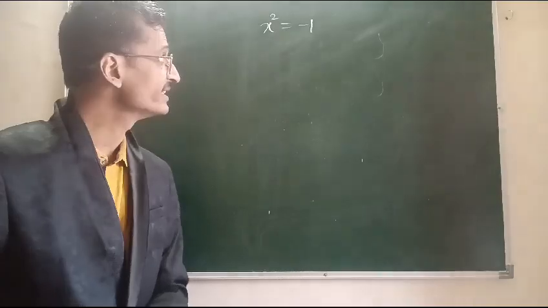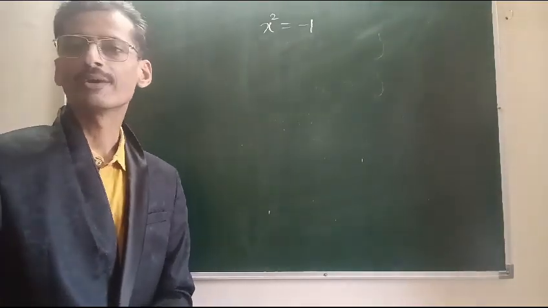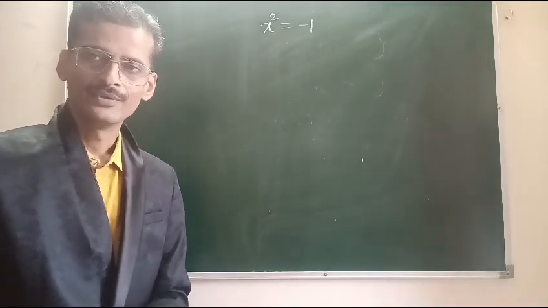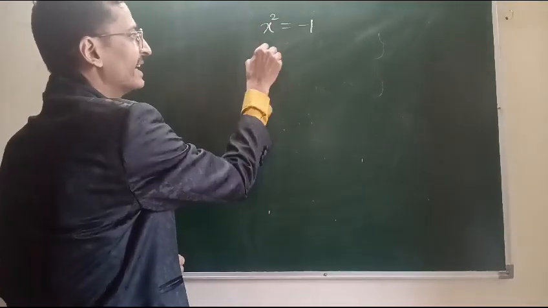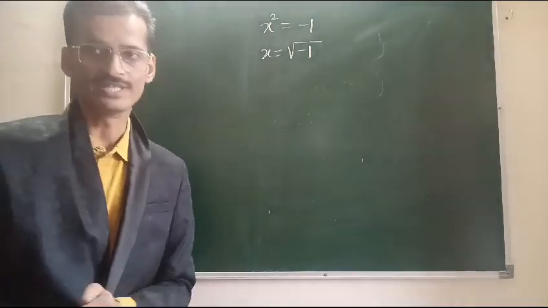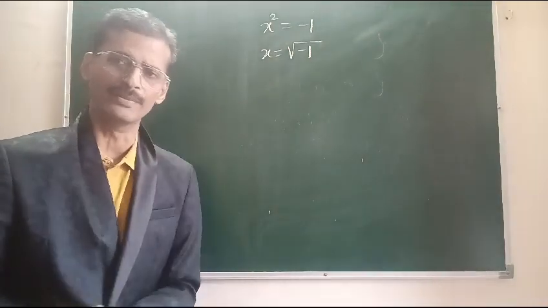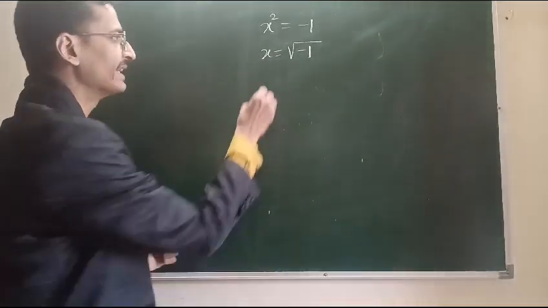Now suppose the equation is given: x square is equal to minus 1. So here the square of x is negative, so that means x is not a real number. Now if we take the square root, x is root of minus 1, which is not a real number. So this is some new number, right? This root of minus 1 we specially write as i.